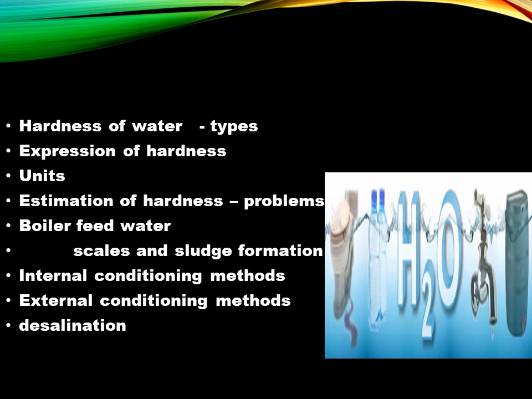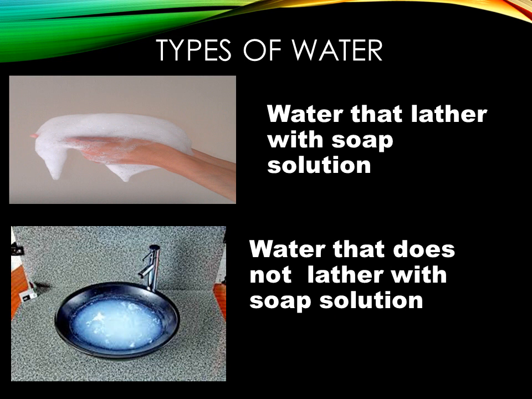What is boiler feed water? What are the troubles that arise by using hot water in the boilers, such as scales and sludge formation, internal conditioning methods, external conditioning methods, and desalination. Especially, we are going to see in this video up to the units of hardness.